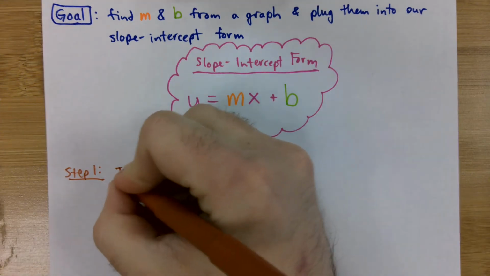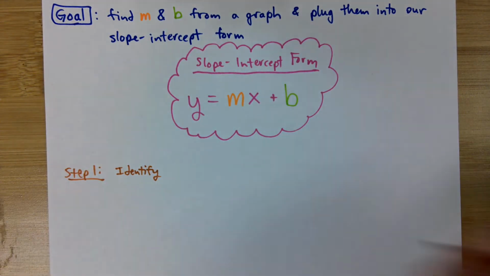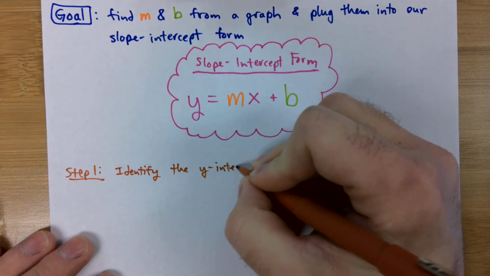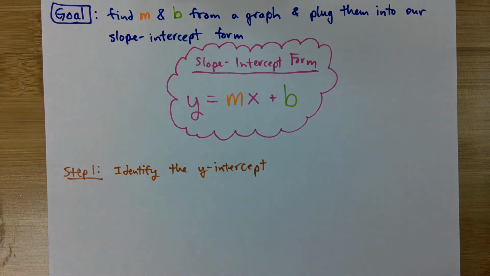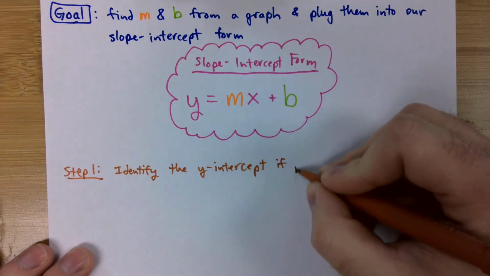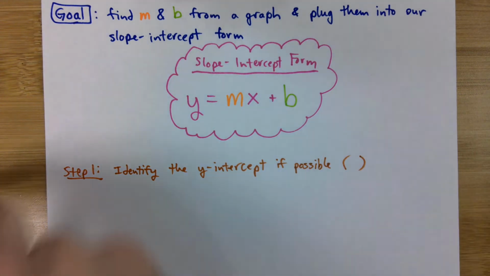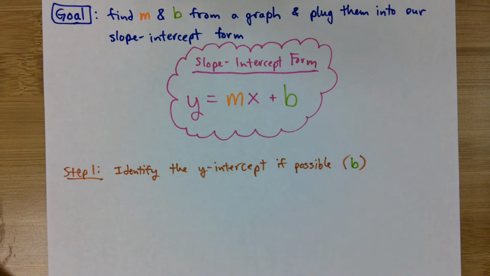So step one is we're going to identify. That means we're not going to do any math. That's right, we're just going to look for the y-intercept of the graph, if possible. Right, we're looking for B. So this is where things are going to get a little bit different as opposed to our last unit.